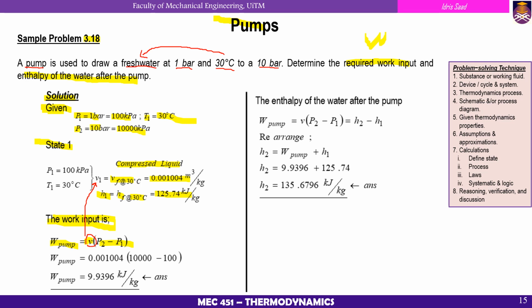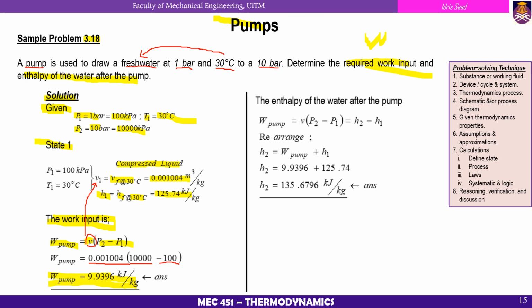So we substitute all the data. V is equal to 0.001004, P2 is 10,000 kilopascal, and P1 is 100 kilopascal. What we get is the work of the pump equal to 9.9396 kilojoule per kilogram. This is the specific work input.